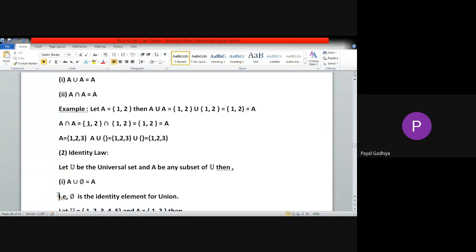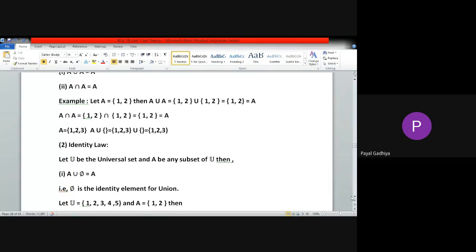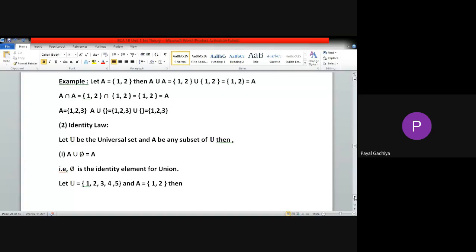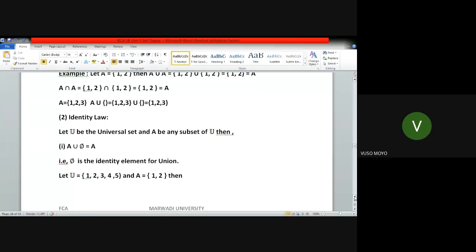And now let us go to the next, which is intersection. What will be the identity element for intersection? Like if I'm taking any set A, what should I intersect with it and I will get again A, and it should be in general common for all the sets. What should I intersect with A? Are you getting any idea? A itself.